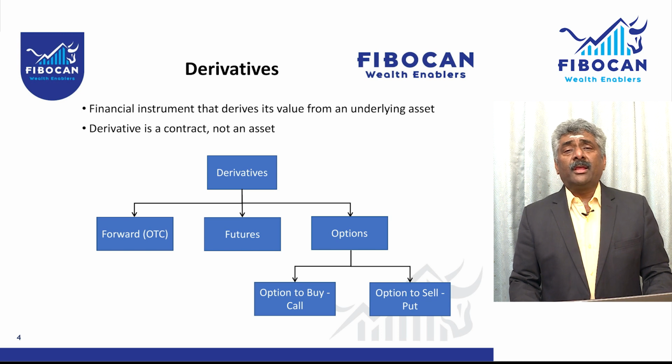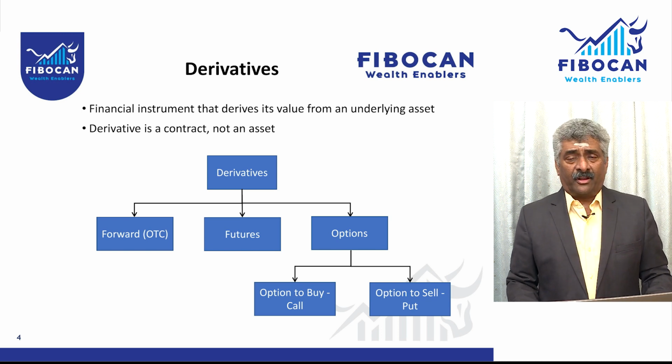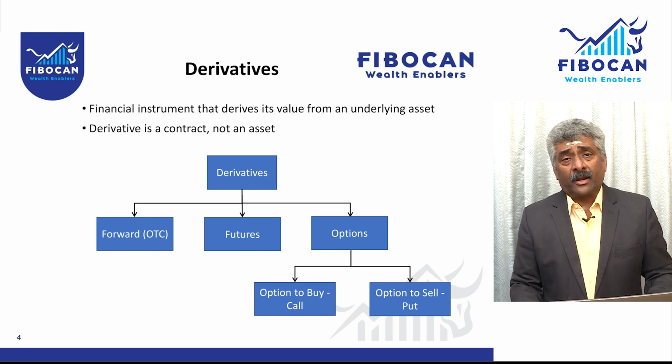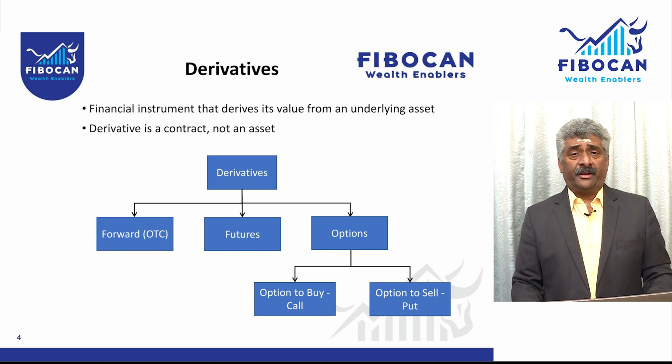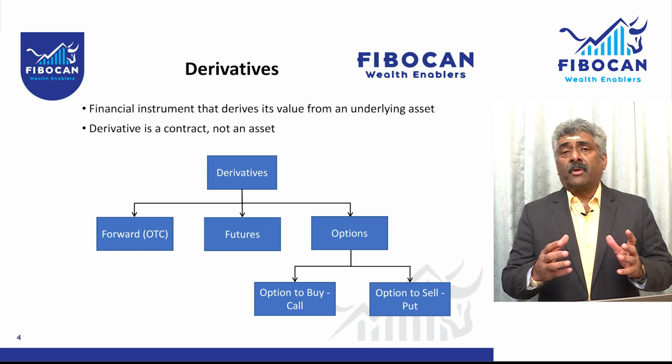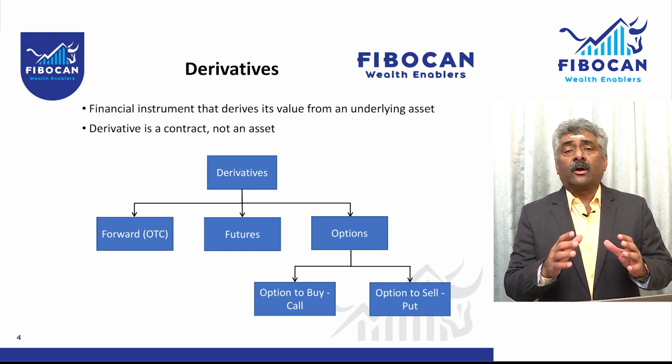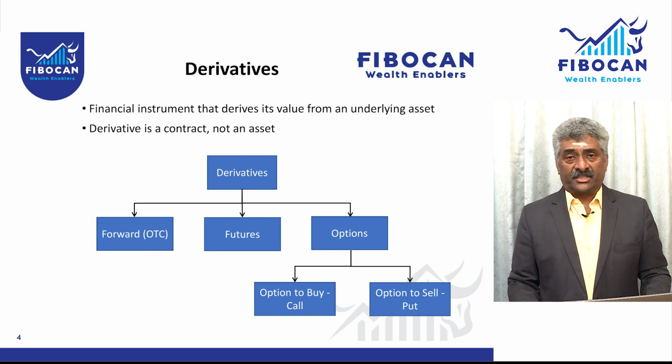Normally in any contract in the world, particularly a legal financial contract, both parties have an obligation. For example, if someone wants to buy an apartment or house, he enters a contract with the builder. The buyer has to give money, while the seller, the builder, has to construct the house as per the agreed terms and conditions.